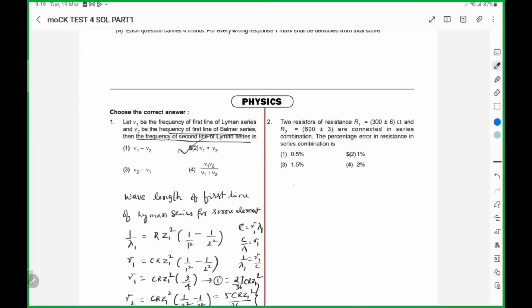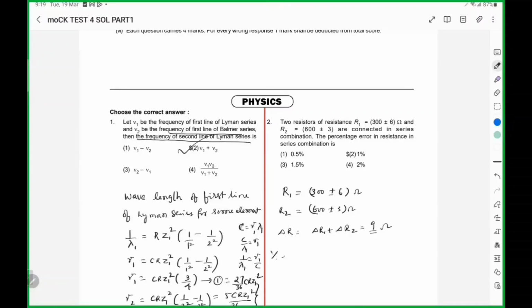Two resistors R1 and R2 are connected. So R1 is given 300 plus or minus 6 ohm. R2 here is 600 plus or minus 3 ohm. Delta R is delta R1 plus delta R2, that is 9 ohms.